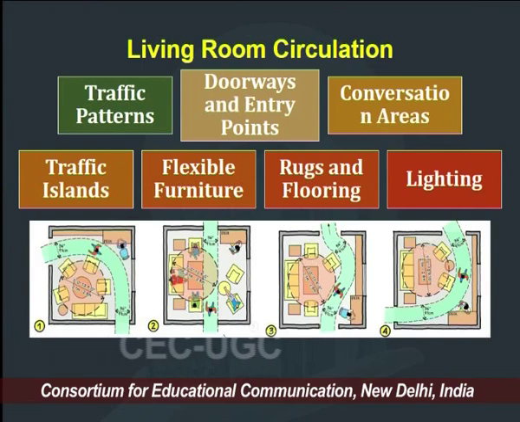For example, if two people are sitting and the sofa is placed on the other side, as you can see in image number 2 on the screen, the circulation is actually cutting in between the two active spaces, which is not a good option. So the overall design layout should be such that the traffic islands are taken into consideration with respect to the circulation.